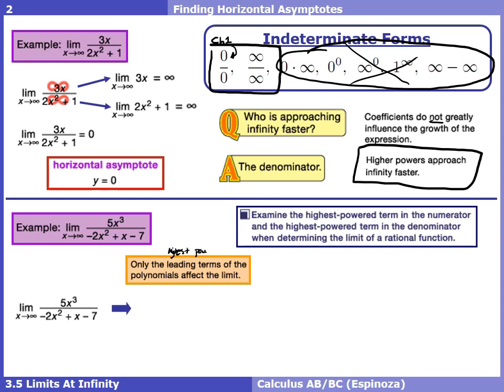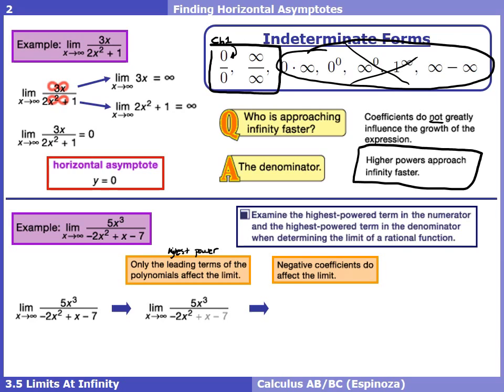The highest power, which is just another way of saying the leading term, is the only thing that really affects the limit. So I'm going to go ahead and gray out the positive x minus 7. I guess it's still there, we can't just make it disappear, but all we're focusing on are the highest powers in the top and the bottom.